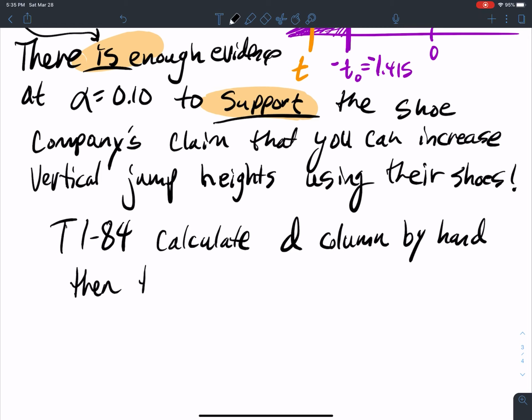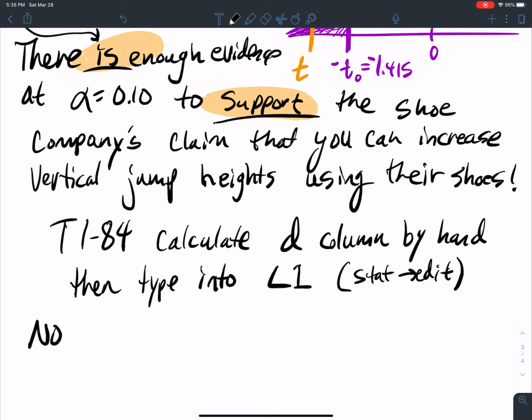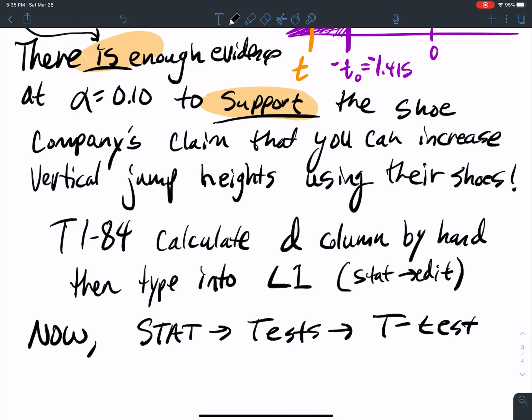Then type into L1. And to do that, just hit stat edit. Okay, no big deal. That one's pretty easy. And then once you do that, hit stat, test, t-test. Okay?